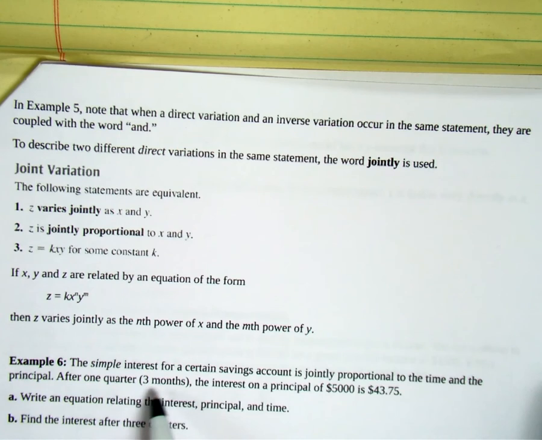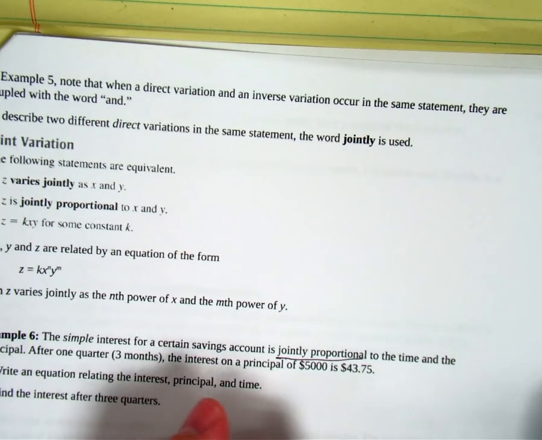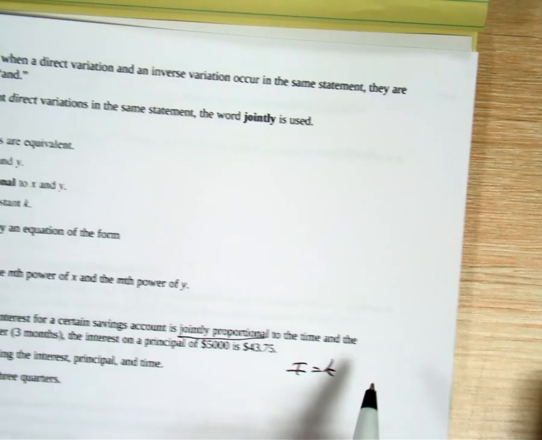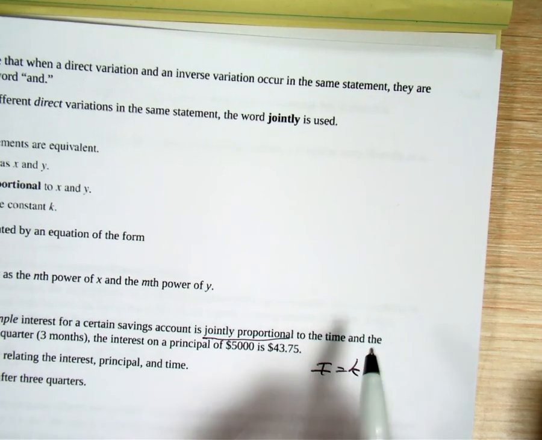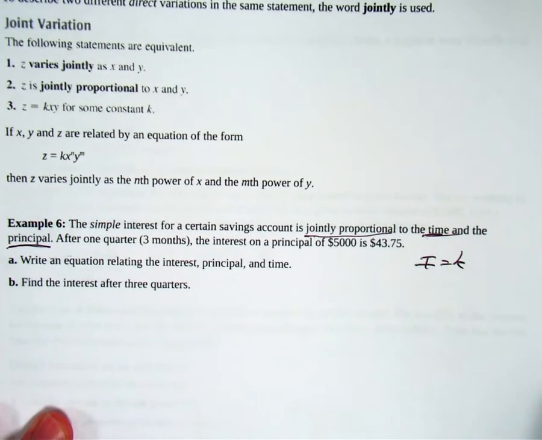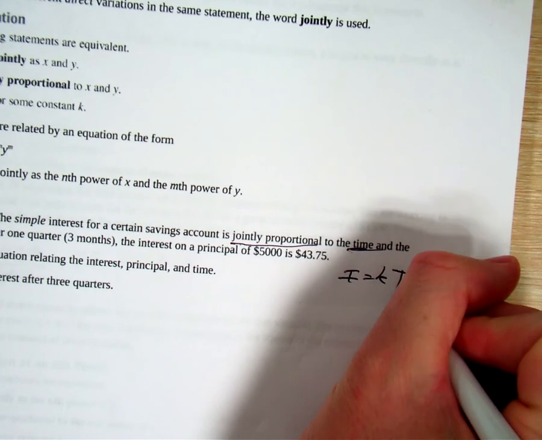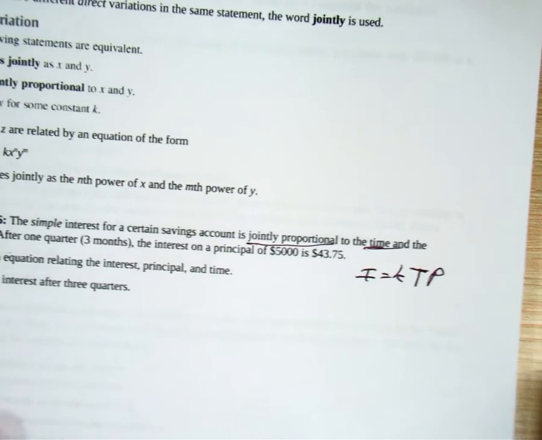All right, and this sets us up pretty nicely for the simple interest formula. The simple interest formula for a certain savings account is jointly proportional. So interest is going to be jointly proportional. So we're thinking I equals K. It's always equals K. Okay. To time and the principal, the starting amount, the starting investment amount. So T for time. We'll go with capital T, less likely to change into something else later, and P for principal.